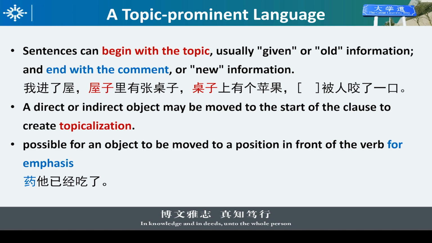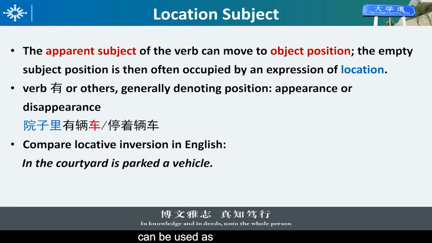This is what I mentioned: location as subject. A location can be used as subject. The apparent subject of the verb can move to object position, behind. An empty subject position is then often occupied by an expression of location. And sometimes the verb 有 or others that generally denote position can express appearance or disappearance.